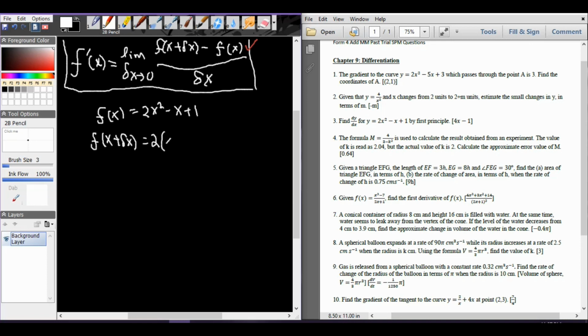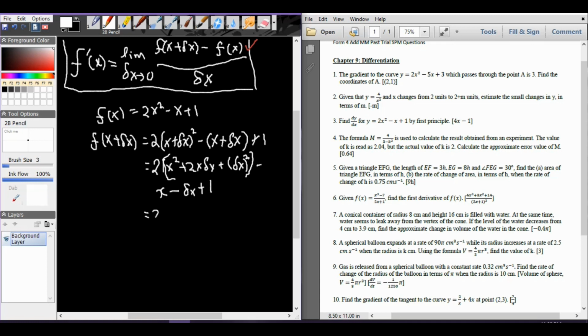So 2x plus delta x, squared, minus x plus delta x, plus 1. Remember to put a bracket here, if not, then your answer will be wrong. Then we expand this. You will have 2x squared plus 2x delta x plus delta x squared minus x minus delta x plus 1.